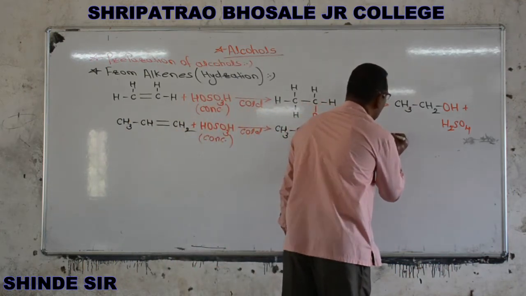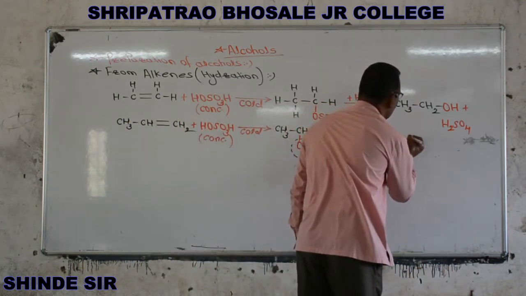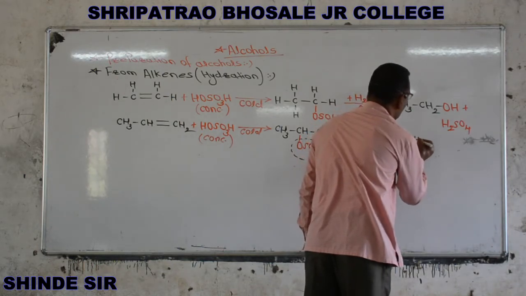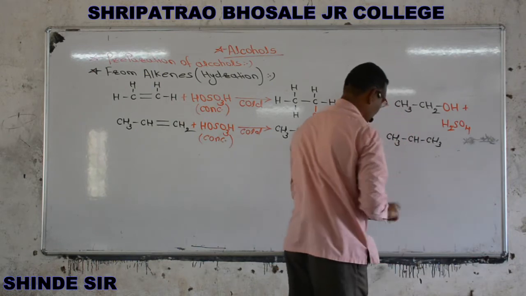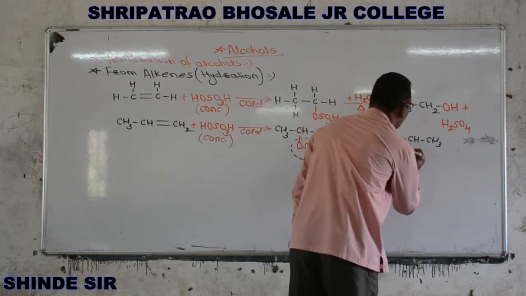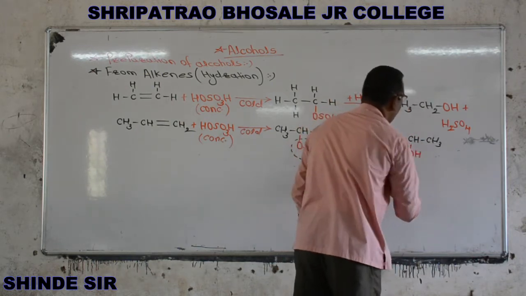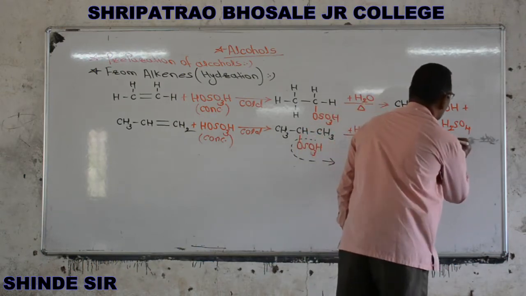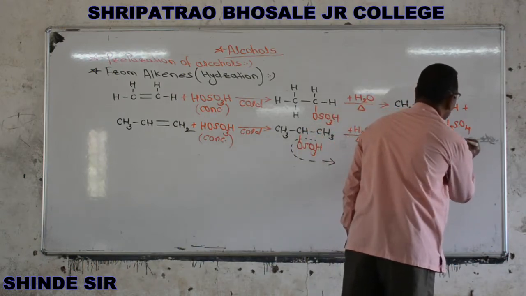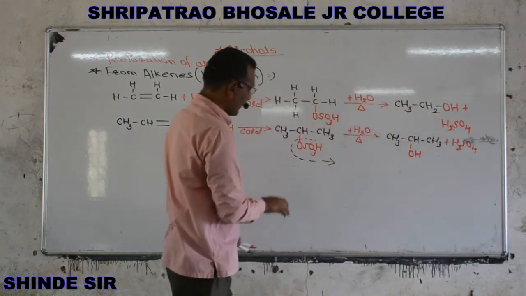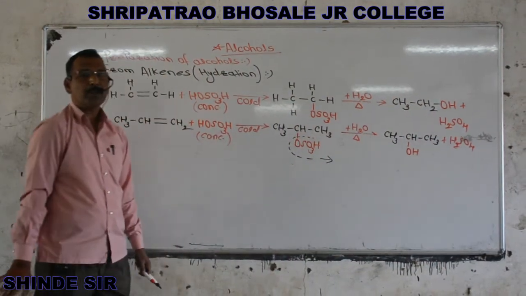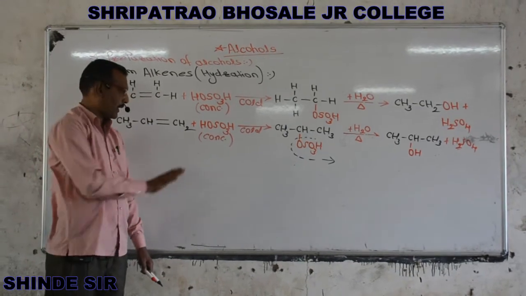That is the formation of isopropyl alcohol plus the byproduct, sulfuric acid. So in this way we can obtain isopropyl alcohol by using propene.